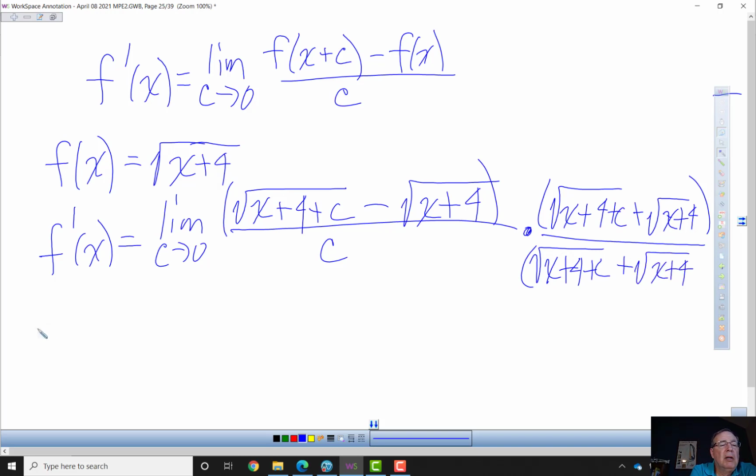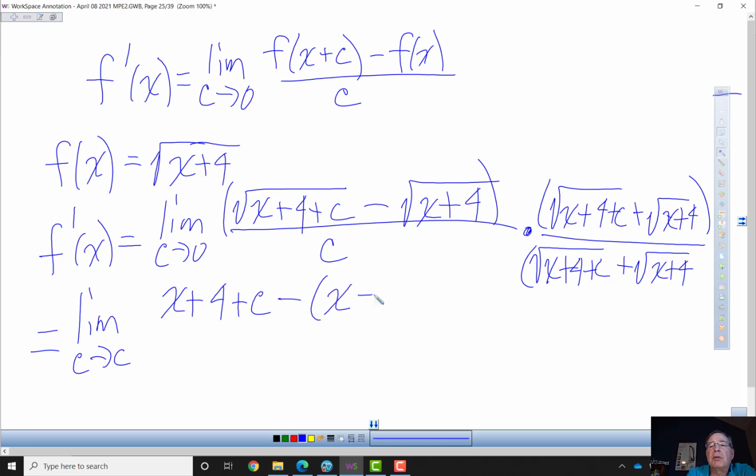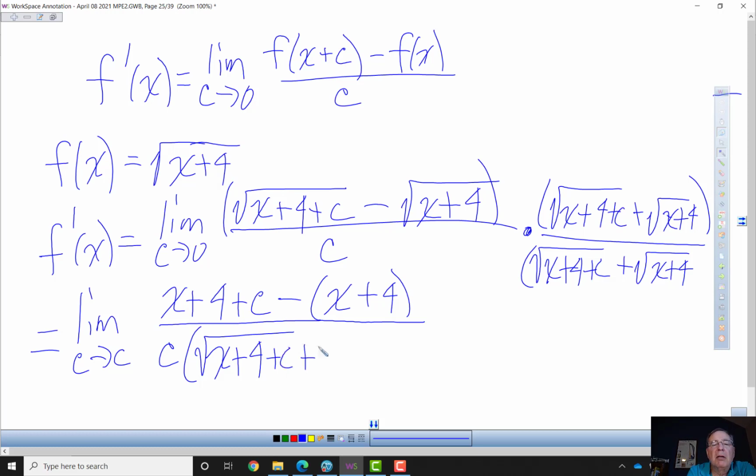So we now have to carry the limit notation with us. So this is going to be x plus 4 plus c minus x plus 4, and then divided by c times the whole thing, the square root of x plus 4 plus c plus the square root of x plus 4.